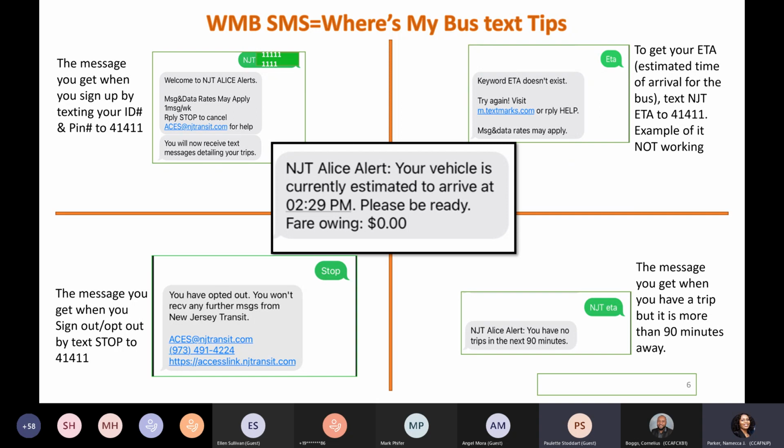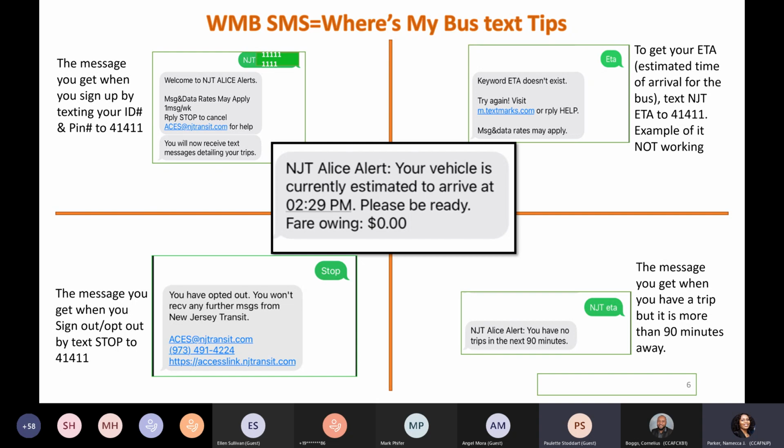The picture at the bottom left says you've opted out, you won't receive any messages. If you don't want to use this product, you just type in stop to that short code and it'll take you right out.